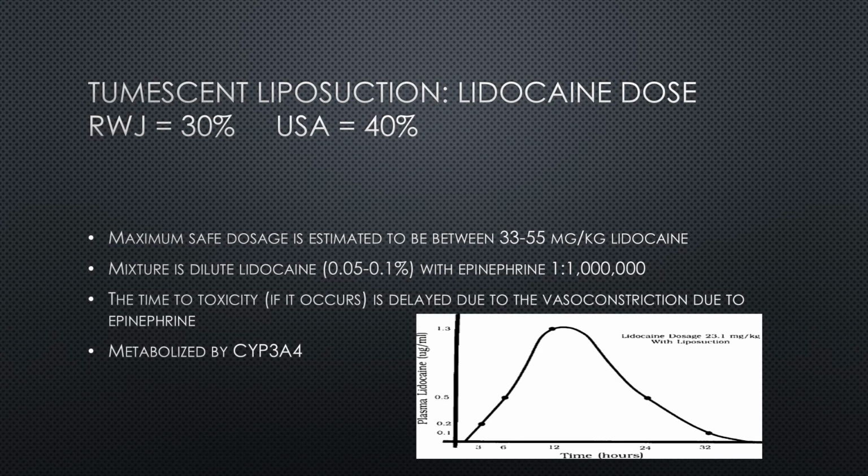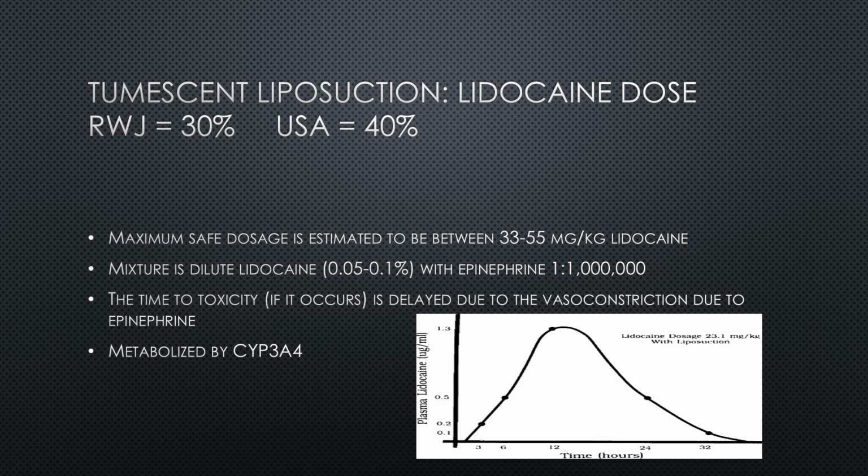So during tumescent liposuction, a patient is given very, very large doses of very dilute lidocaine. The purpose of this is to make the tissue that they're working on very tense, so that they can use their machines to remove the fat cells.